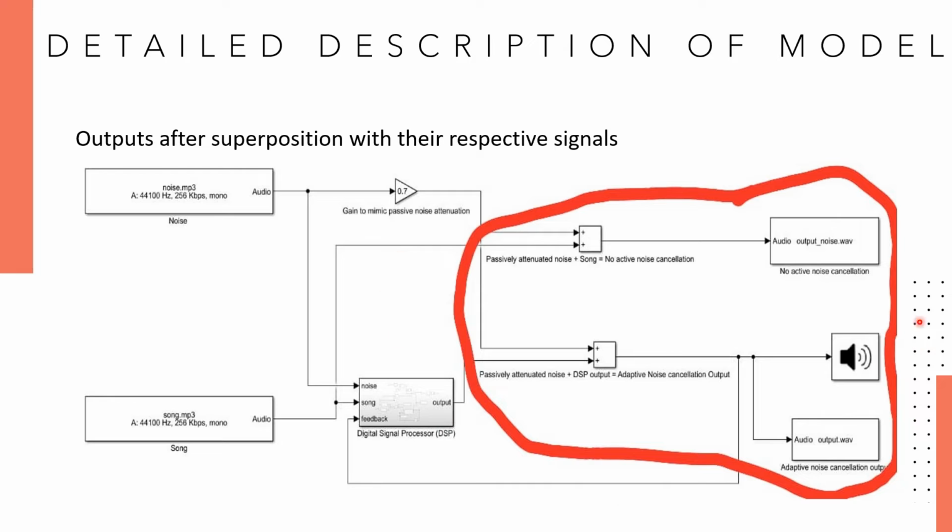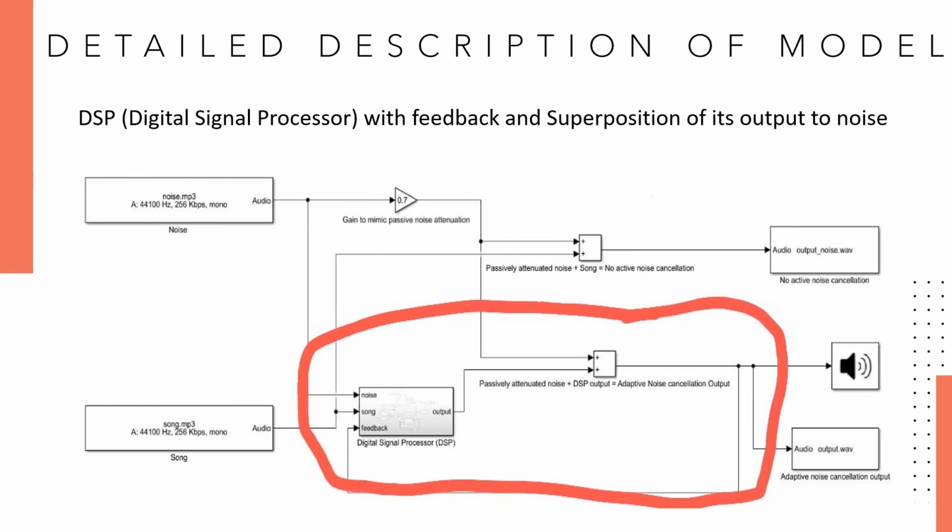The part which I have circled here shows the outputs after superposition and also their respective signals. This part shows how the feedback loop comes to the DSP, and it helps the DSP to calculate the gain.